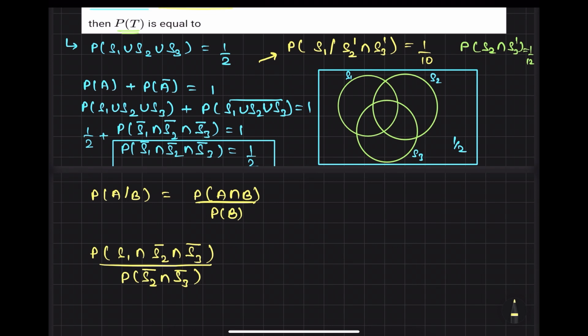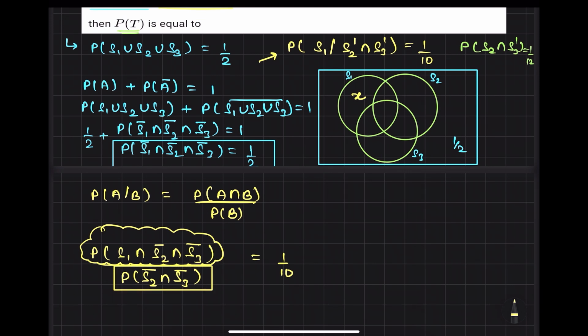Now try to understand this thing. If I talk about this room, you know that already they have given 1 by 10. So if I talk about this room, this room is represented by this, correct? Because it is inside S1, outside S2 and outside S3. So for time being I am assuming this thing to be X. Okay. Now try to understand what this represents.